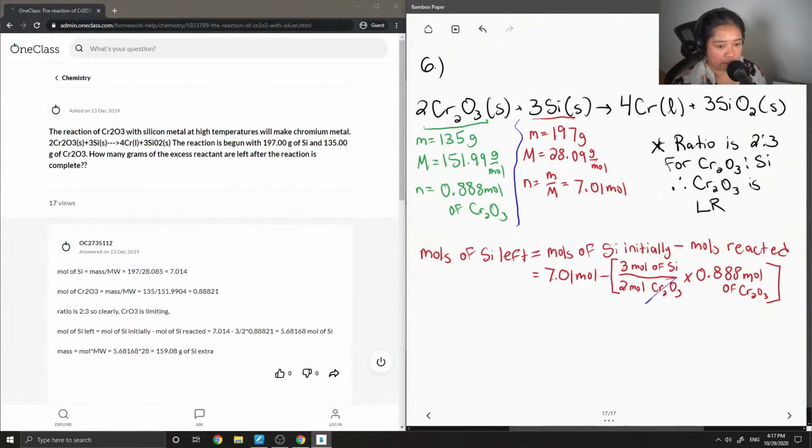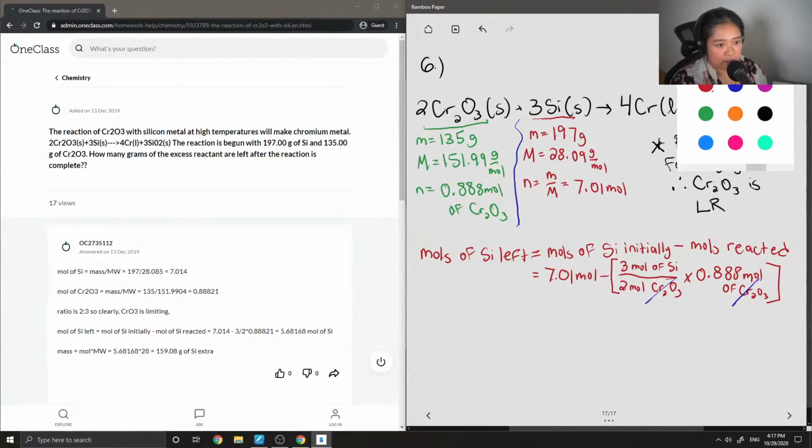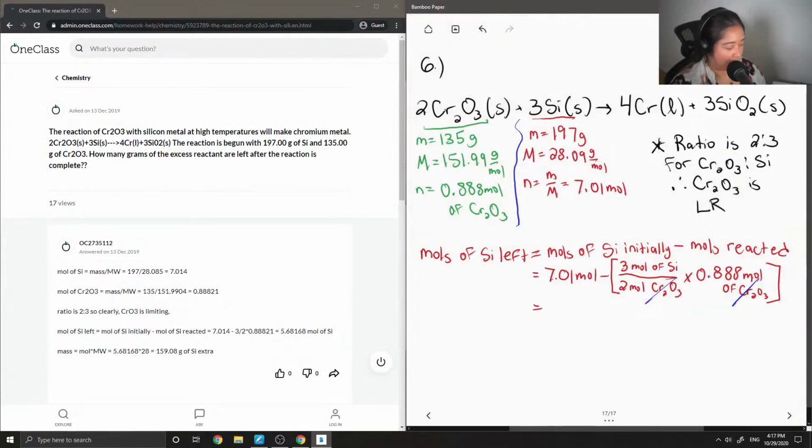So you'll notice that these units should cancel out. And then if you do the math, 7.014 moles, subtract whatever we get here, you're going to end up with 5.68 moles of silica left.